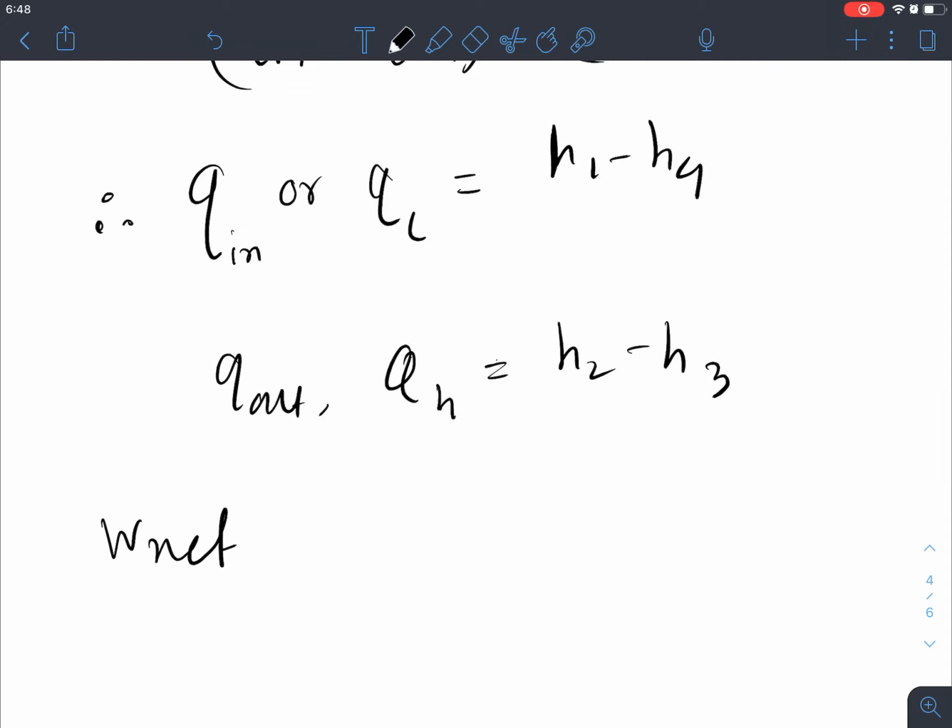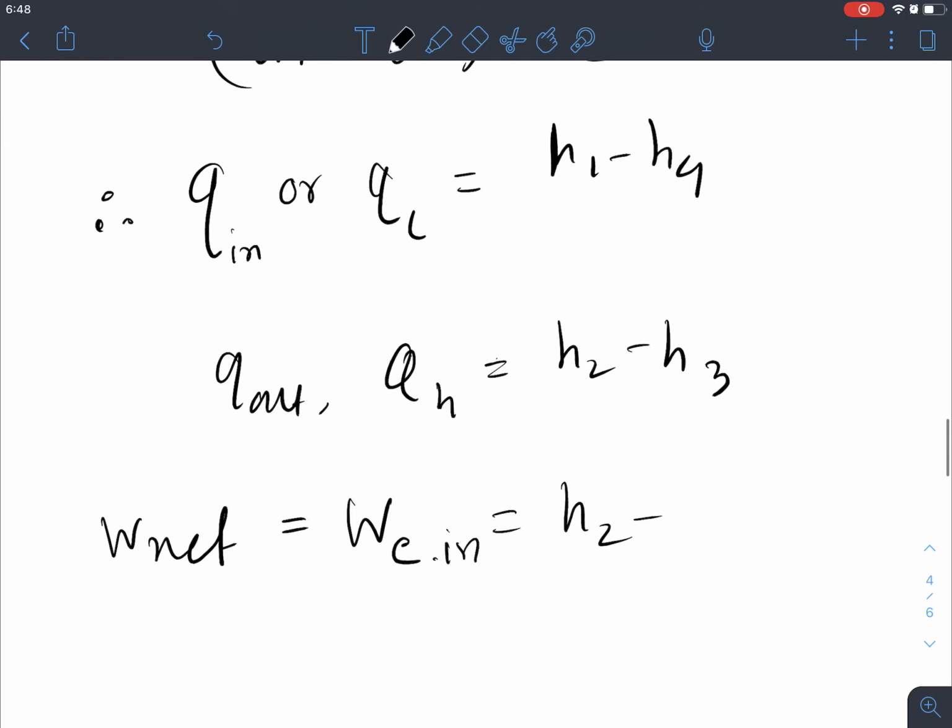And the net work of this cycle is basically consumed by the compressor, which is work in, and that work input equals H2 minus H1.